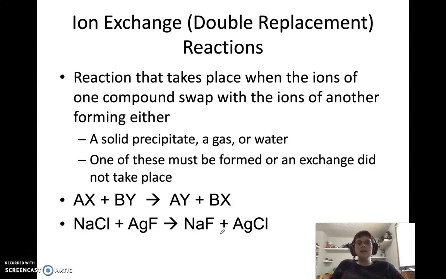And in this case, one of these guys over here is going to be a solid precipitate. It would fall out of the solution. I didn't here, but I would put the little symbols of solid, liquid, gas, aqueous in there to give you an indication. But generally, if you look at these and you see that they're ionic compounds and they're swapping, that gives you a pretty good indication that it's a double replacement reaction.